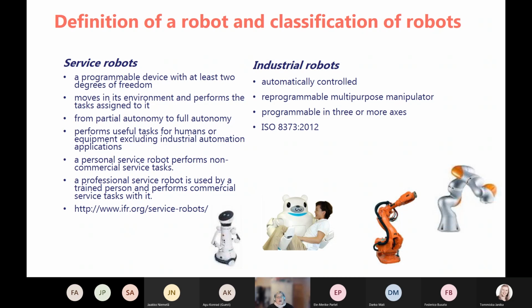Personally, I think that the number of degrees of freedom, so the number of axes, is what matters. It can also exclude from robots all other hardware and especially software solutions that are often referred to as robots.